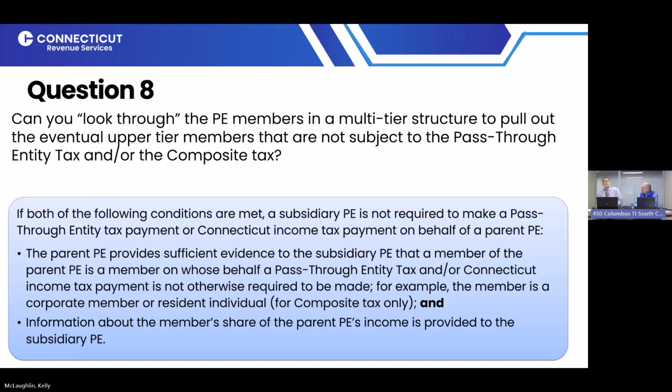So, for example, this would be a corporate member or a resident individual for composite tax purposes. And the second part would be information about the member's share of the parent PE's income would be provided to the subsidiary PE that is making the filing.